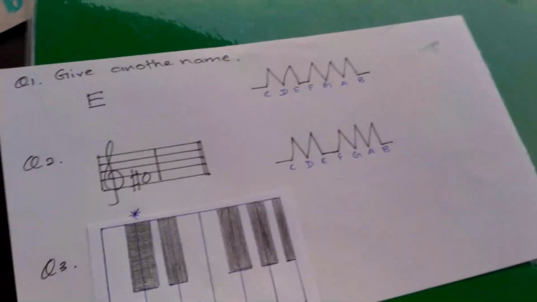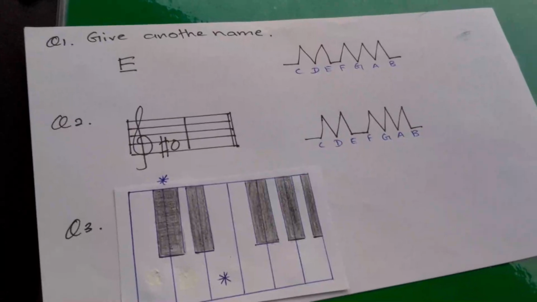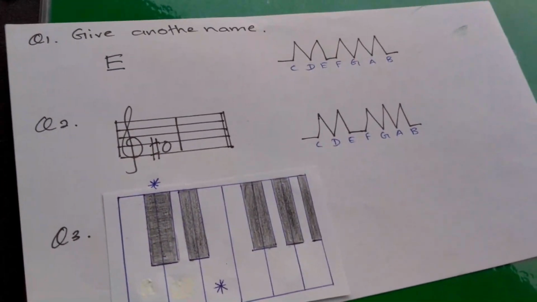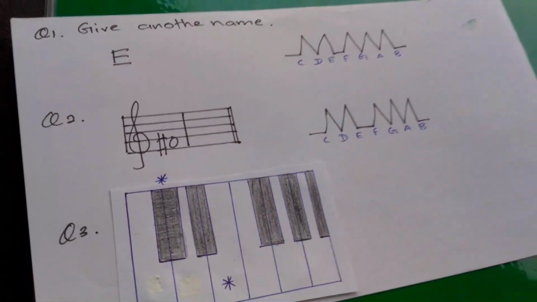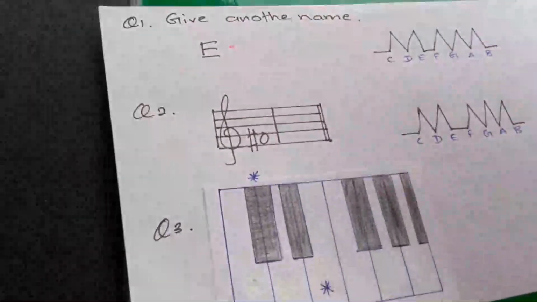Okay girls, so now we are going to see how to work on these questions. Every example is going to be taught for you all here. Based on this you will answer the questions given on the worksheet. So another name given for E. How are you going to find another name given for E?